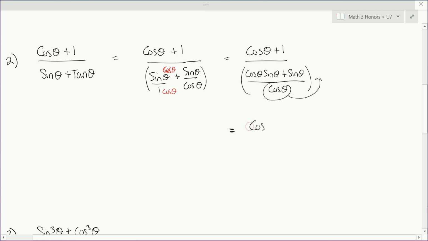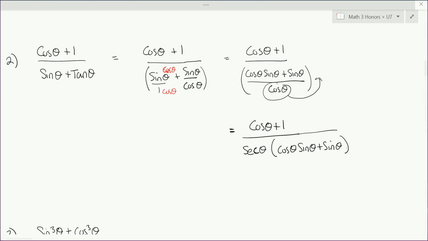So you have cosine theta plus 1 over, I'll put secant in front, so secant theta, and then all in parentheses we got the cosine theta sine theta plus sine theta. But eventually we want to do what Diego said: in this factor we can factor out a sine, and we'll be left with a cosine plus 1, and things will cancel out and open up for us.